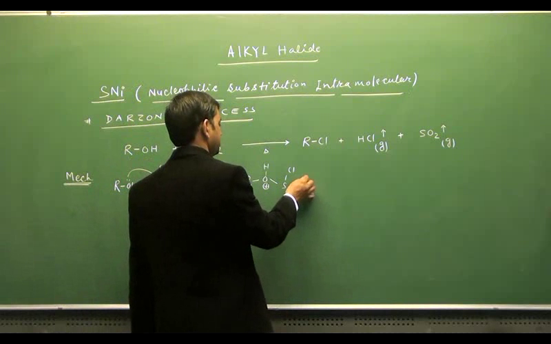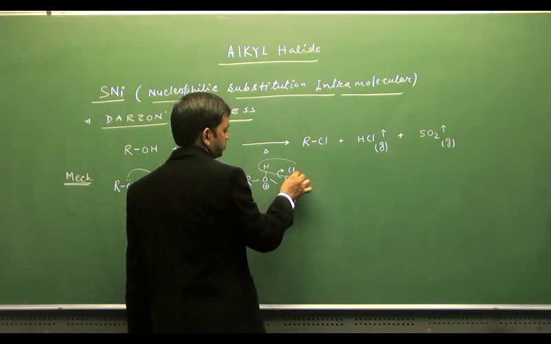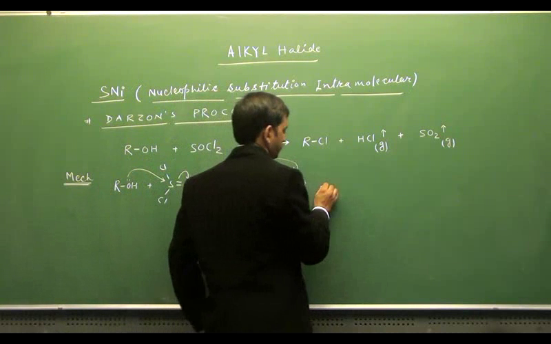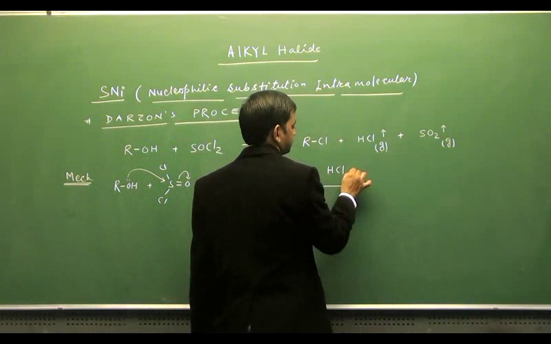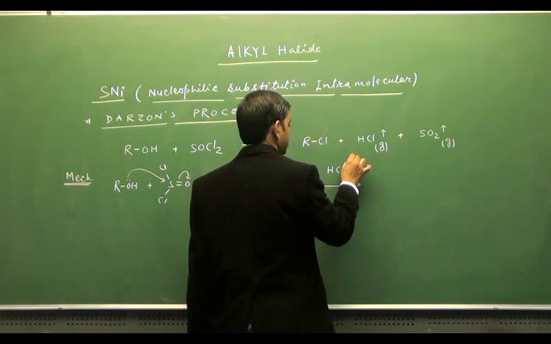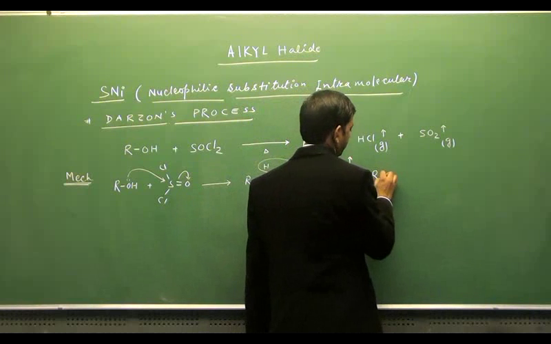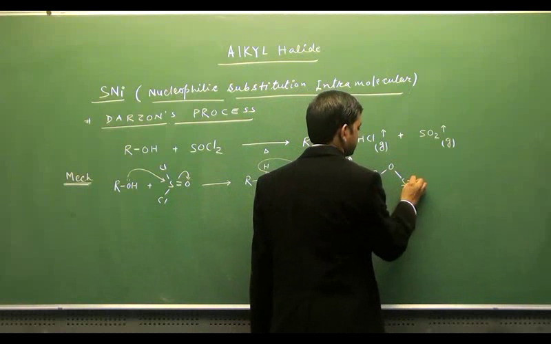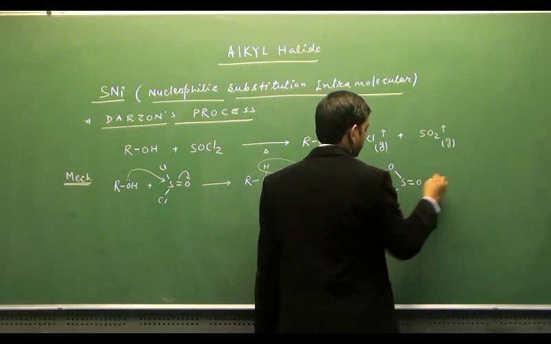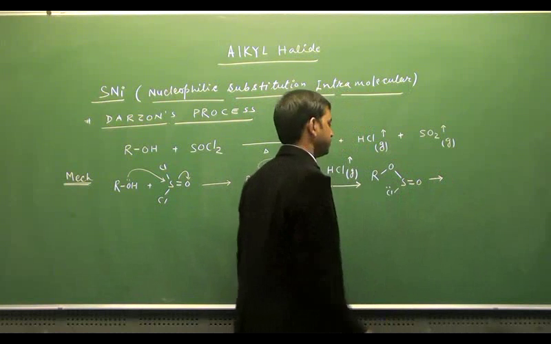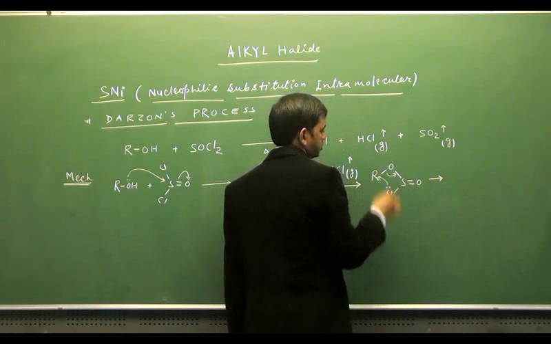It removes Cl negative, and this Cl negative removes the H positive, which is eliminated in the form of HCl. Because HCl is gaseous in nature, it escapes from the reaction mixture, and we obtain ROS double bond OCl. This further gives RCl.